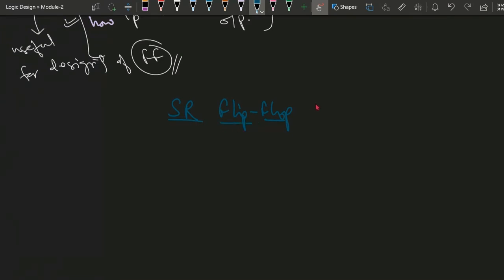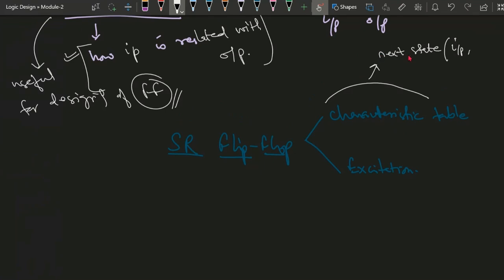For each of the flip-flops, we will be finding out the characteristic table and excitation table. This characteristic table is basically used to provide the relation between the next state, that is Qn+1, and the current state, that is Qn.